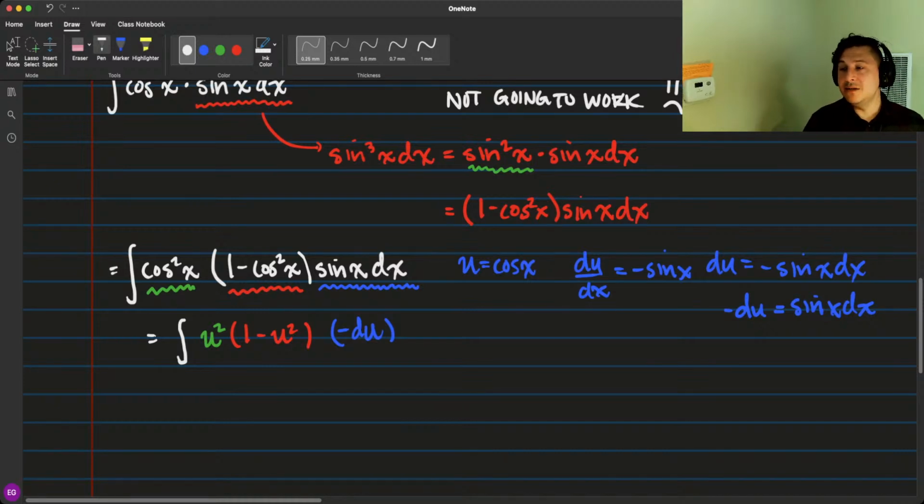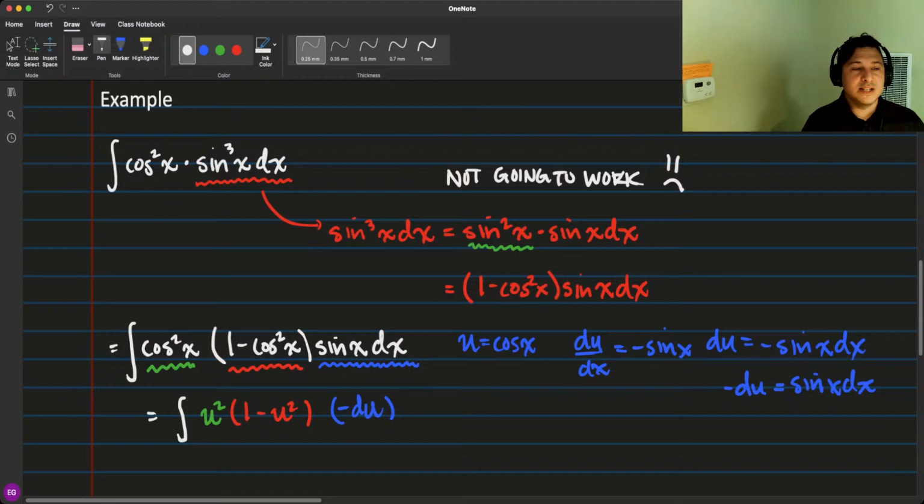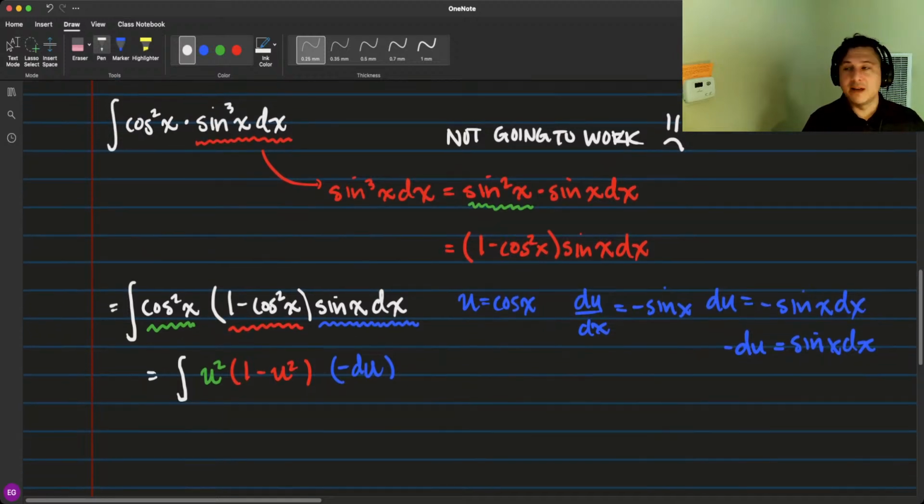So actually we can do u substitution, but it required some clever rewriting first. Remember at the beginning I said we can't just set u equal to cosine and go from there. Well, it did work after we rewrote that sine cubed. Why did it work? Because I was able to rewrite my sine cubed as a sine squared times a sine.